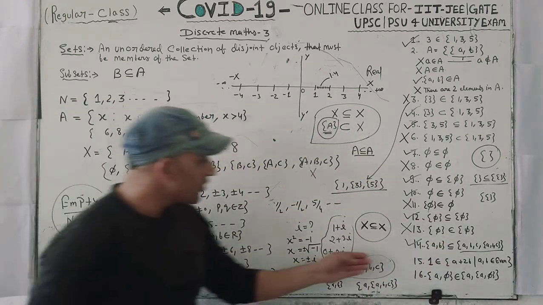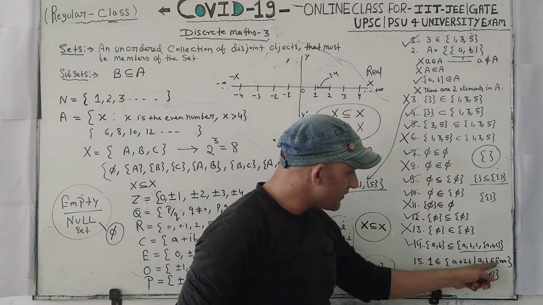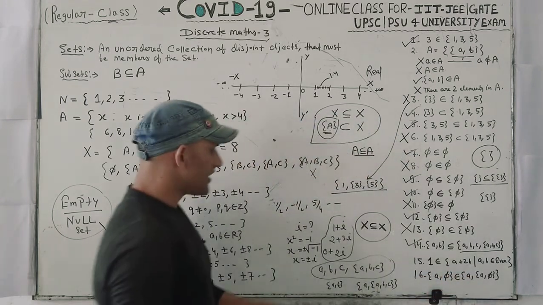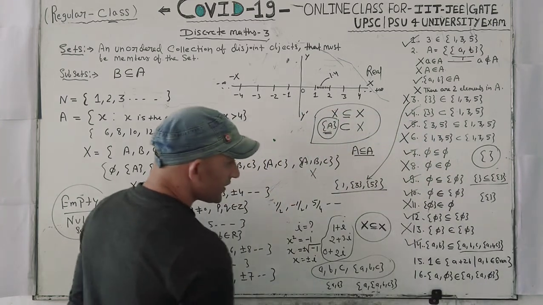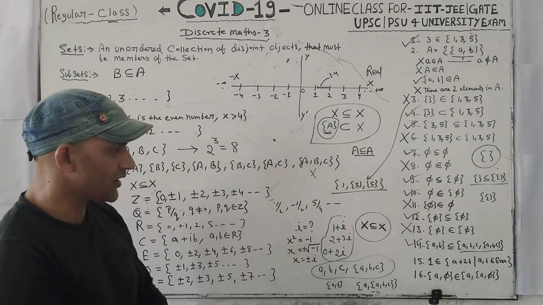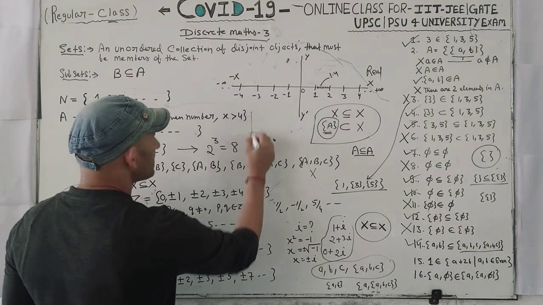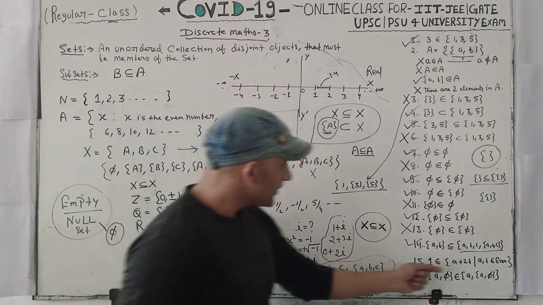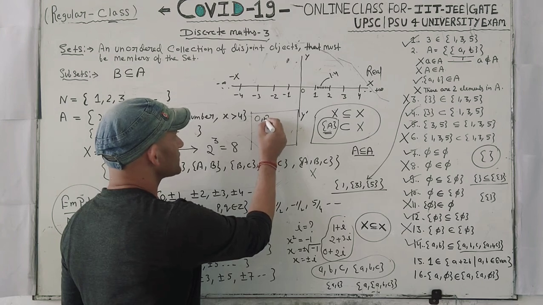Question number 15. 1 belongs to A plus 2B such that A, B belong to even numbers. This is also even, this is also even. Even numbers start from 0, the smallest number. If I take 0 here, then it will be 2 into something. If I take 2 and 0, then your number will be 2 plus minus 2.